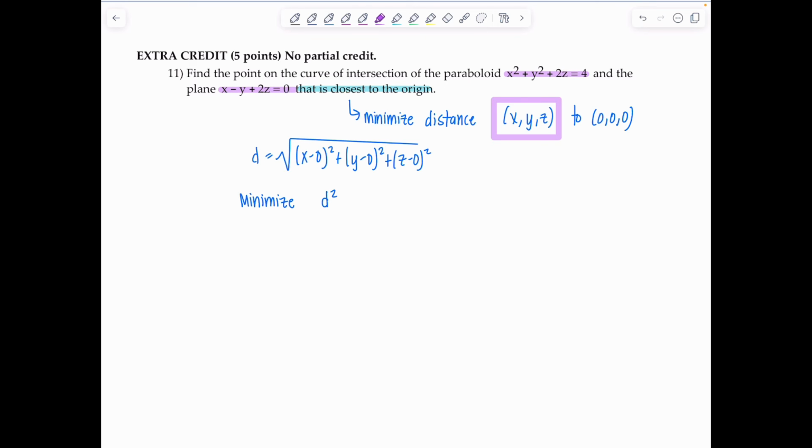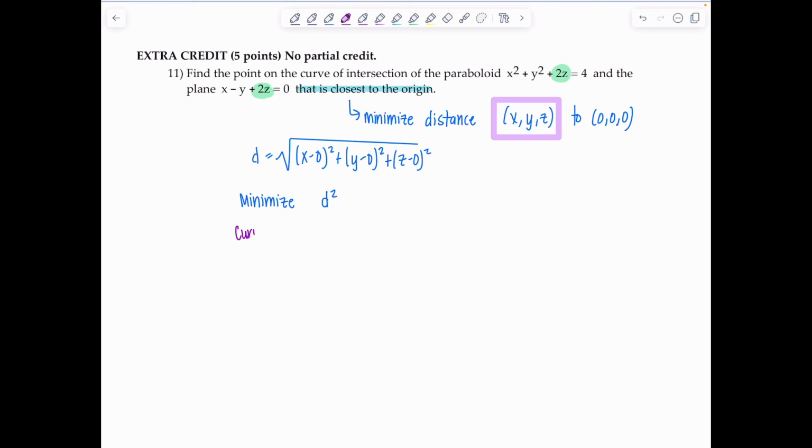So then you would have lambda times the gradient of one constraint plus mu times the gradient of the other constraint. However, what's a little bit nicer is I'm looking and they both have 2z in them. So I'm actually going to find the curve of intersection first and then only consider one constraint. Namely that the point is on the curve of intersection, and I'll reduce the number of variables, therefore simplifying the problem.